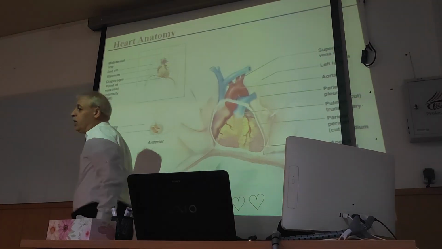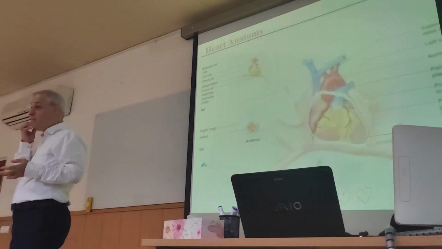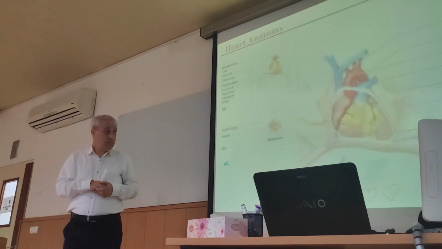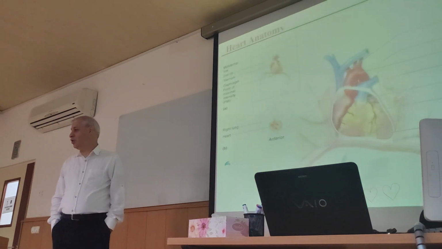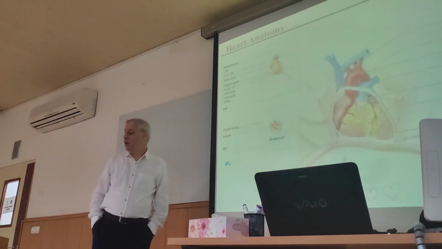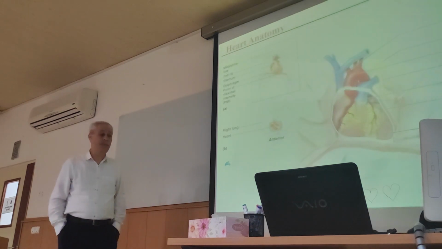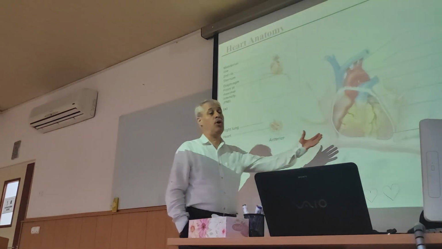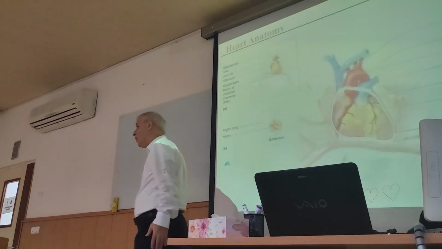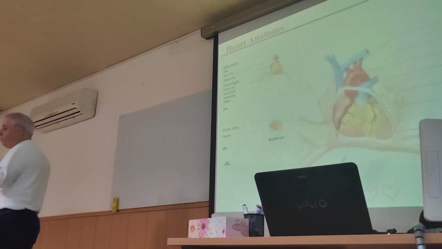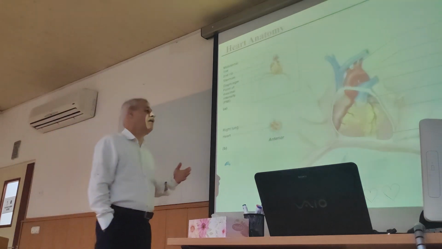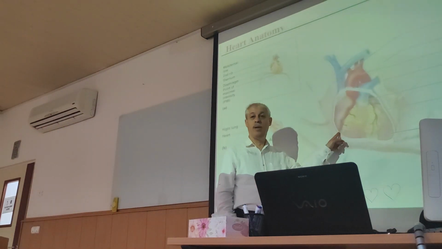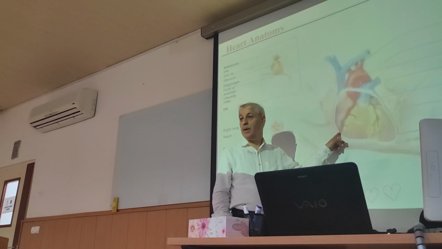The heart is actually located in the mediastinum. When you open the sternum, the chest, at the midline, you can see this structure. The outer part of the heart is called the pericardium.